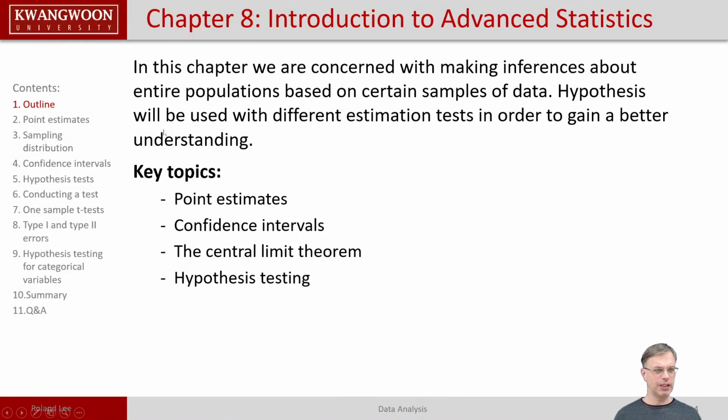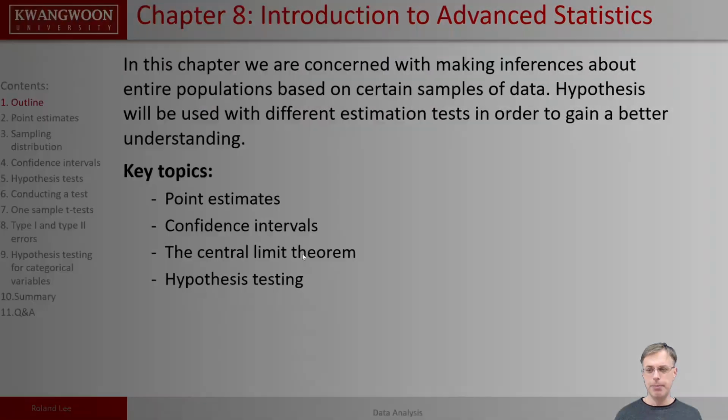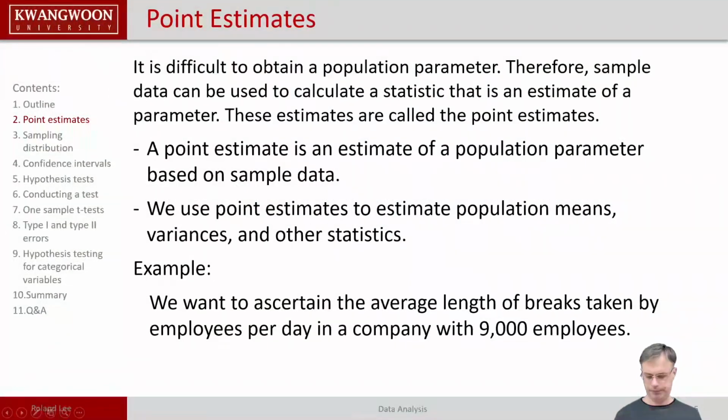But again, the key topics in chapter 8 are the following: point estimates, confidence intervals, the central limit theorem, and hypothesis testing. Now, recall that in the previous chapter we mentioned how difficult it is to obtain the population parameter.